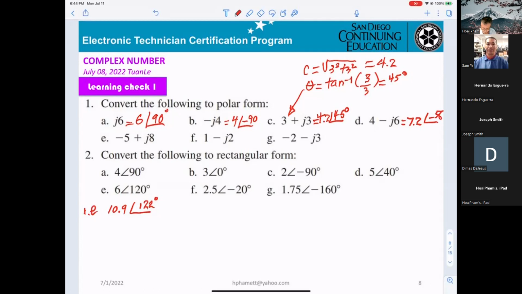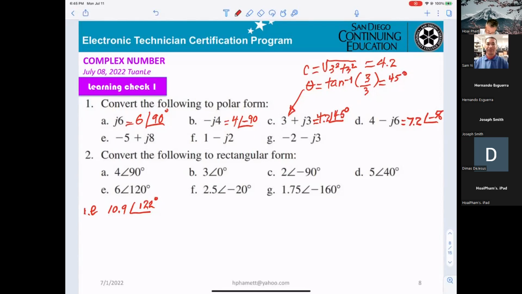So E, the magnitude comes to 9.4 at 122 degrees. You're talking about number E, right? Yes. How can you get the magnitude? You take the minus 5, square that, plus square the 8, and then add those together and take the square root.